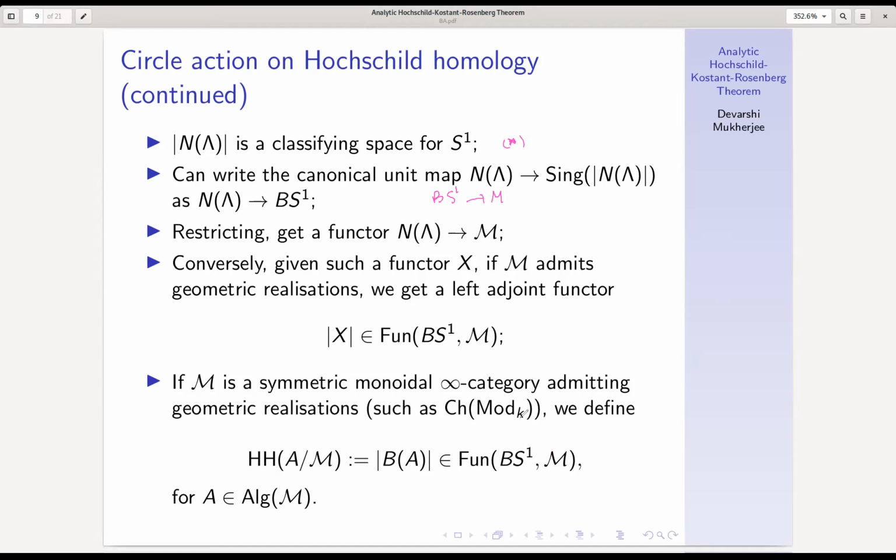And well, what we do there is we take the bar construction, so we take the bar resolution, we take its geometric realization by this machinery that I talked about, and this gives us a functor from BS1 to M. So in this sense, we can view the Hochschild complex as an object inside simplicial commutative algebras. And now we have this additional enrichment of an S1 action.